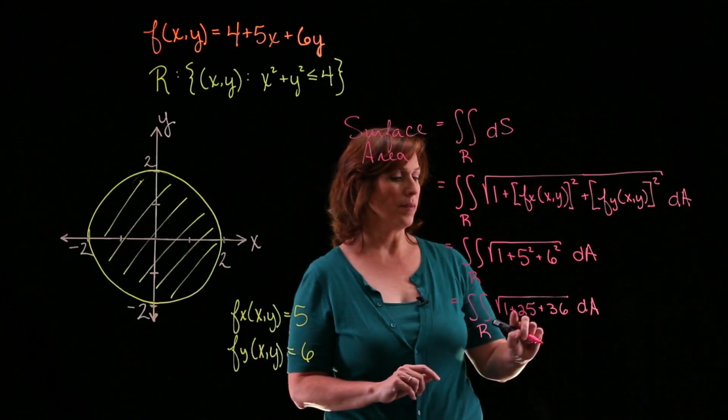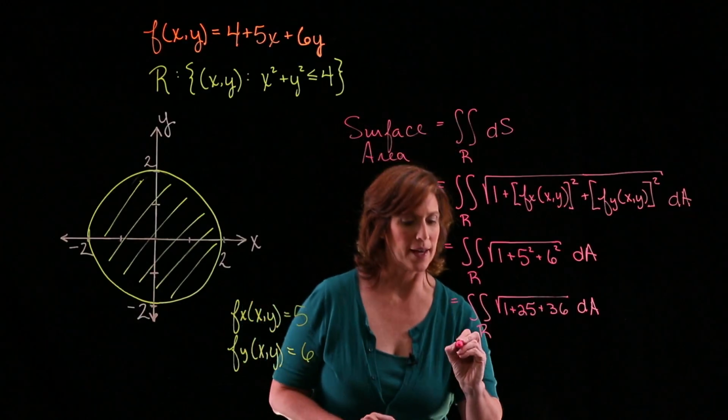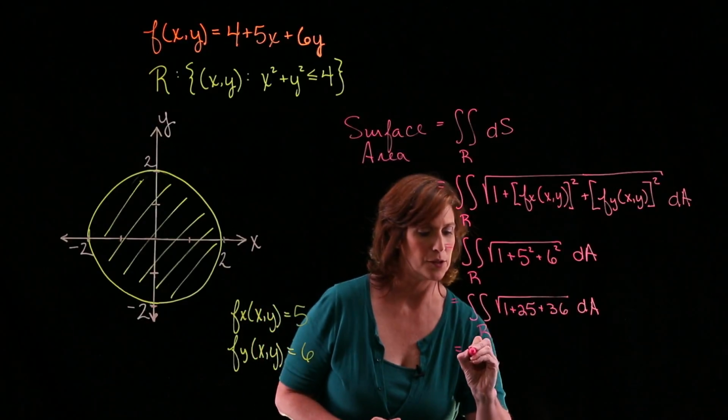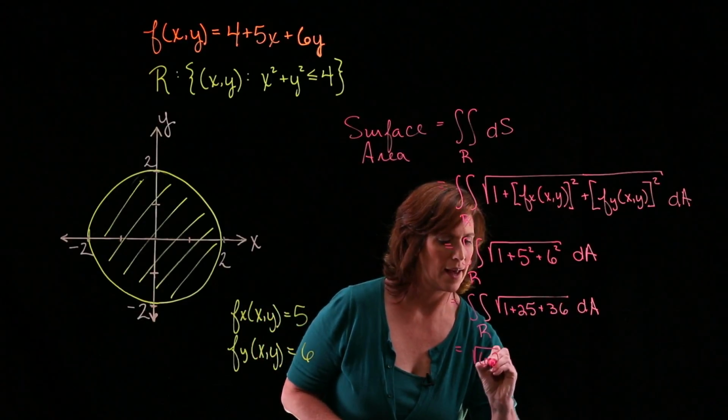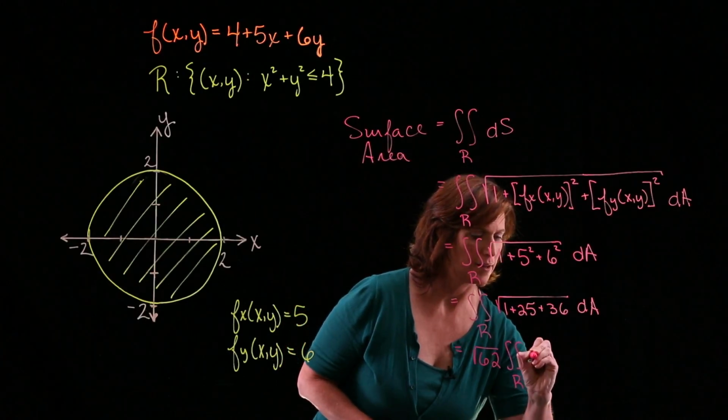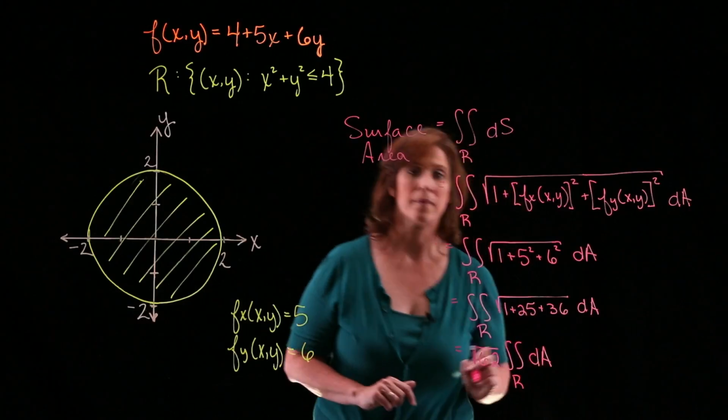Now, this is a constant, so I can actually pull it outside. This will be the square root of 62. So I'll pull that outside, and I get the square root of 62, the double integral over the region dA.